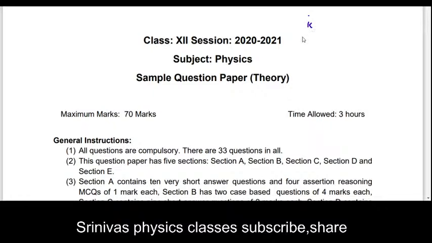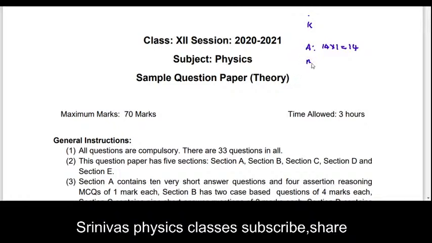There are five sections. In section A, there are 14 one-mark questions, so you will get 14 marks.